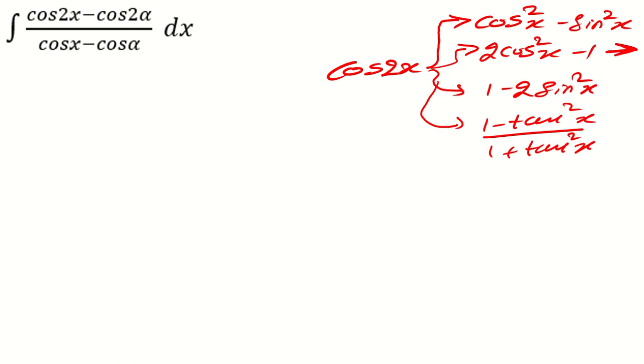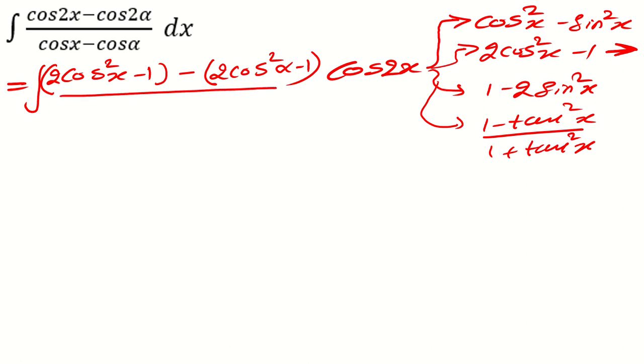So just apply it here. Integration will remain as it is: 2 cos square x minus 1, then minus, the same formula for cos 2 alpha also, so 2 cos square alpha minus 1, divided by the same expression cos x minus cos alpha.